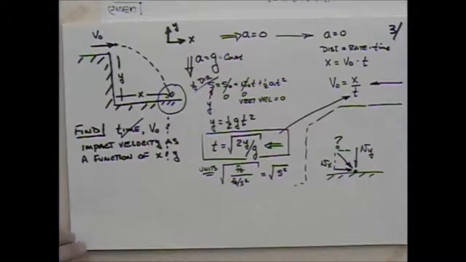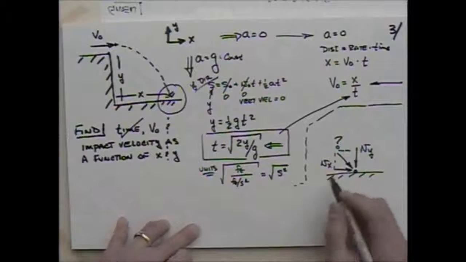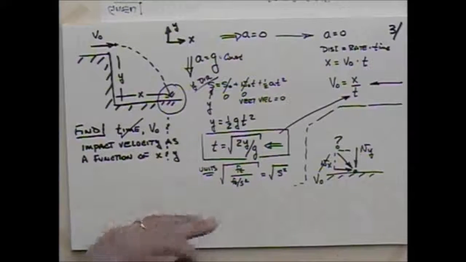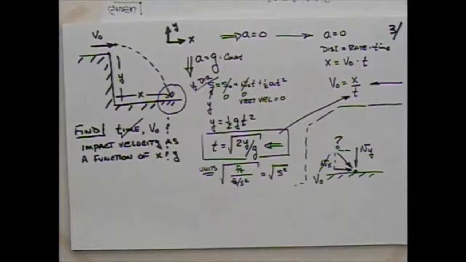What is Vx? That's just V naught, because with no acceleration, that's unchanged, isn't it? It's the horizontal velocity at the top of the cliff. It's the horizontal velocity down there at impact. What's Vy going to be?